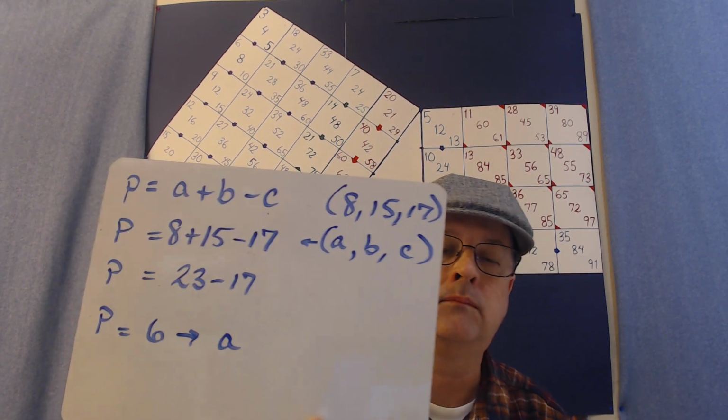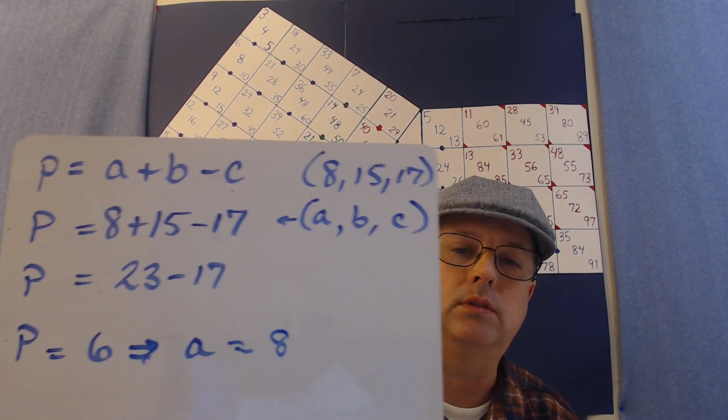And so let's realize that in order to make this become the a value, which is 8, okay, the a value is 8 there.